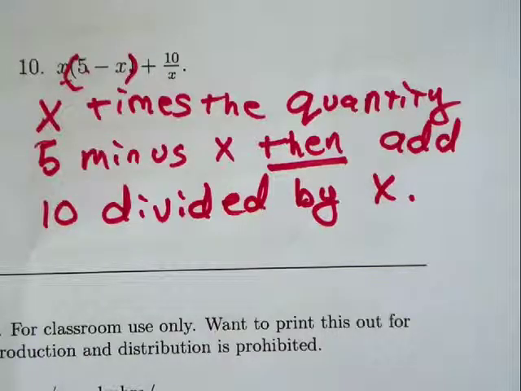Like that last one, I could do something like the quotient 10 and x added to the product of x and the quantity 5 minus x. Now you start getting really hard there. Just keep it as simple as you possibly can and don't overthink it. Don't overdo it. Okay, that's the homework for structure and expressions.